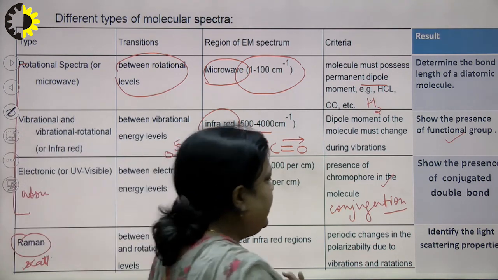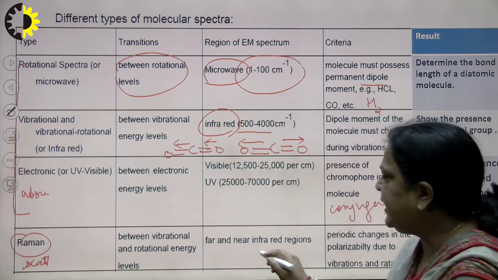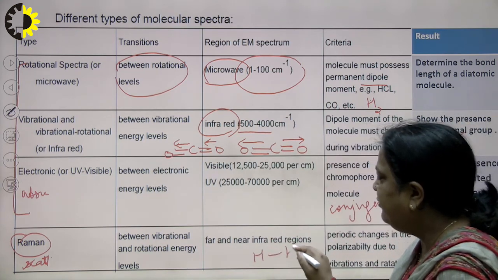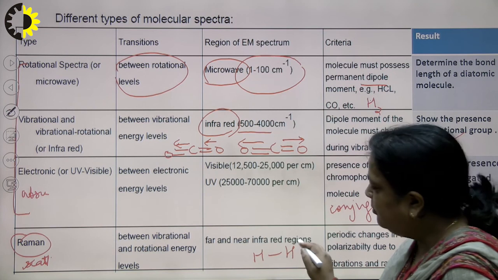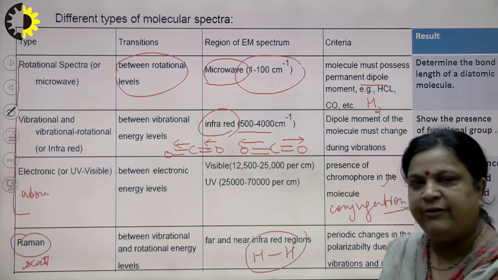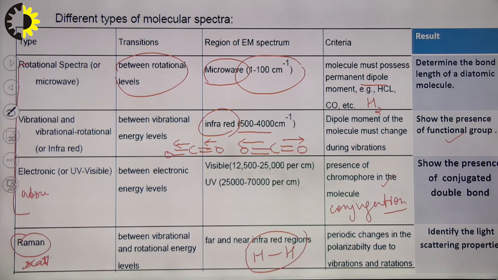Suppose in the case of H2, we know there is an equal distribution, but when we apply an external field, then definitely polarization occurs. So, there must be a periodic change in polarizability. We will discuss this in detail in the lecture, especially in Raman spectroscopy, and the information we get is to identify the light scattering properties.